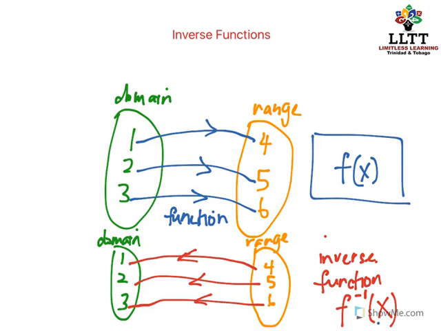Okay, so anytime you see inverse function, you're thinking of f inverse of x. And a regular function is just going to be f of x. I'm going to put in that notation on the top under inverse functions, and then we are going to look at the 3 steps that are going to help us find our inverse function.